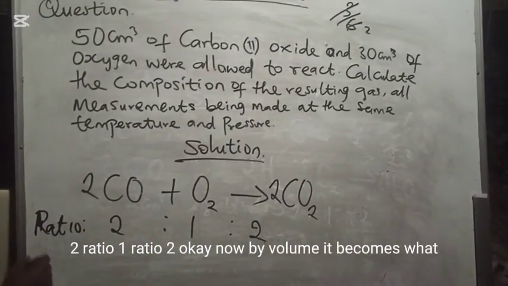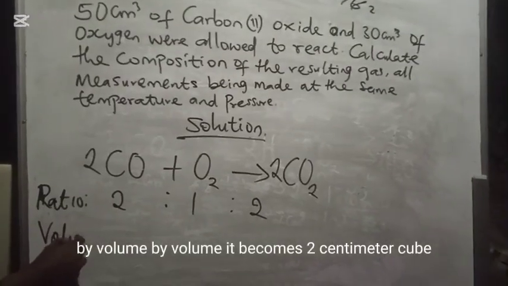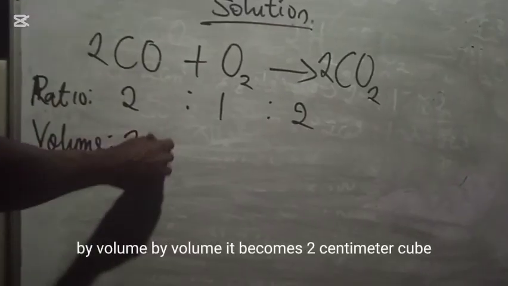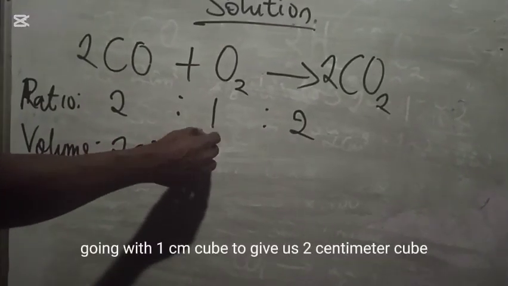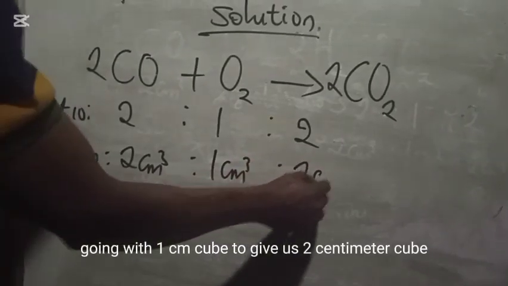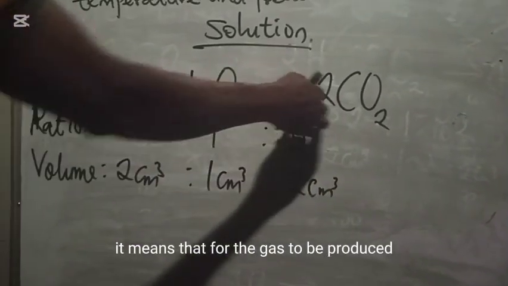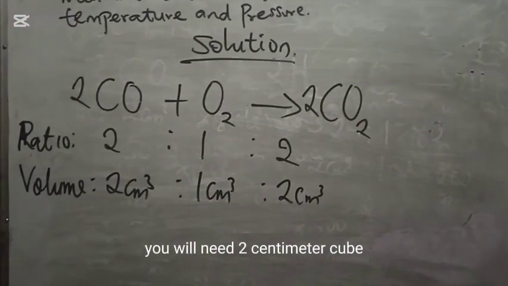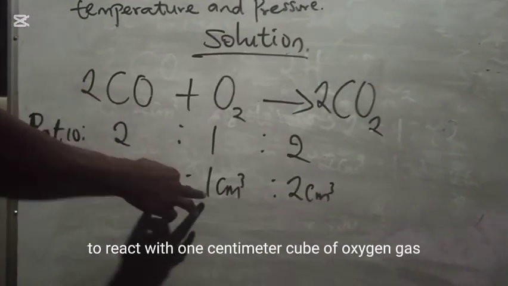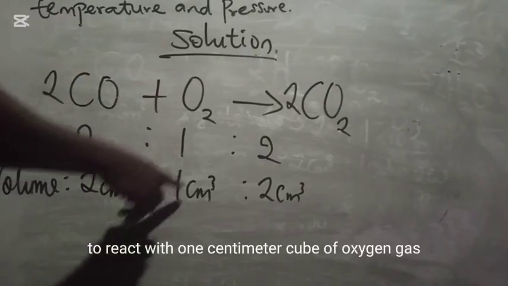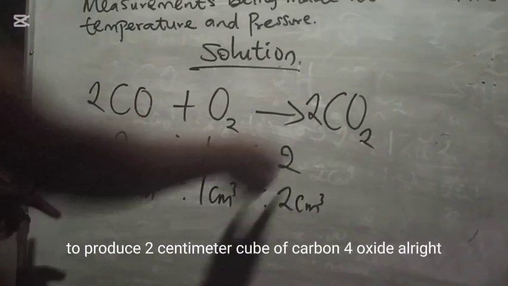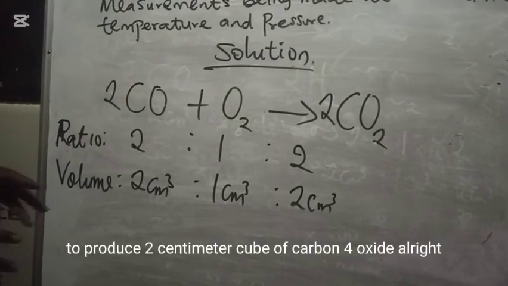Now by volume, it becomes what? By volume, it becomes 2 centimeter cube going with 1 centimeter cube to give us 2 centimeter cube. It means that for the gas to be produced, you will need 2 centimeter cube by volume of carbon(II) oxide to react with 1 centimeter cube of oxygen gas to produce 2 centimeter cube of carbon(IV) oxide.